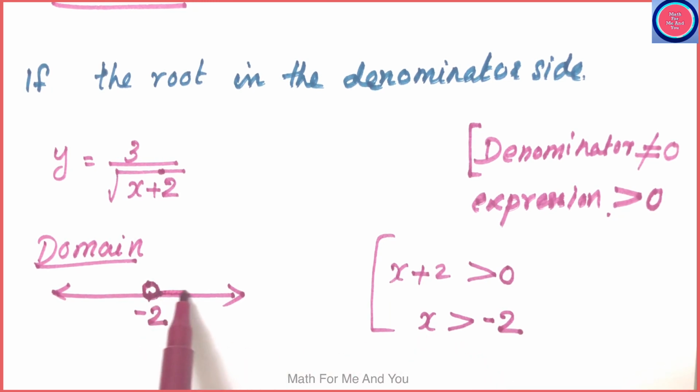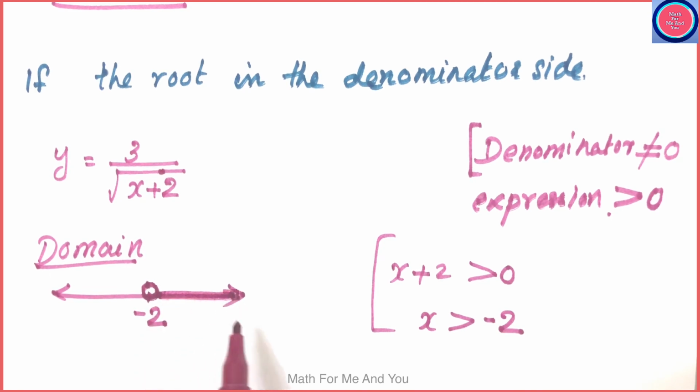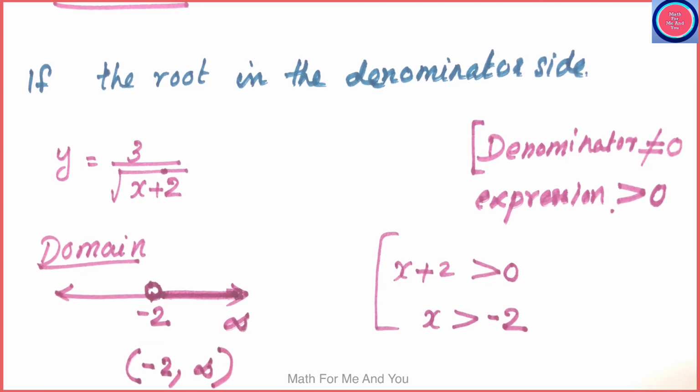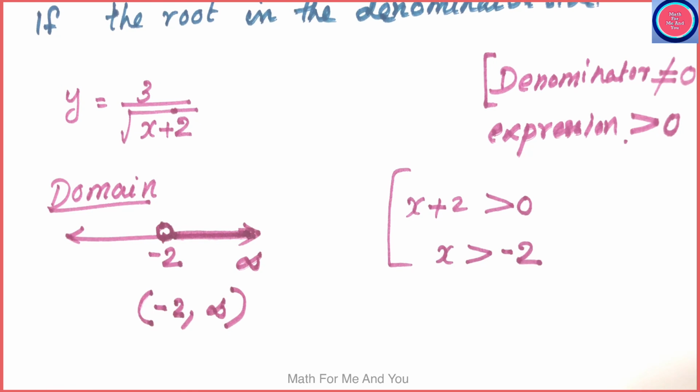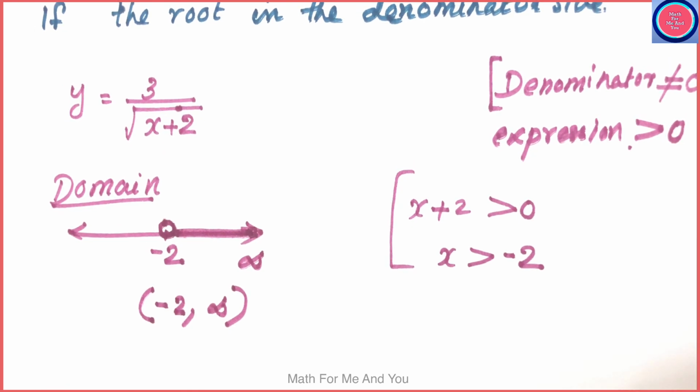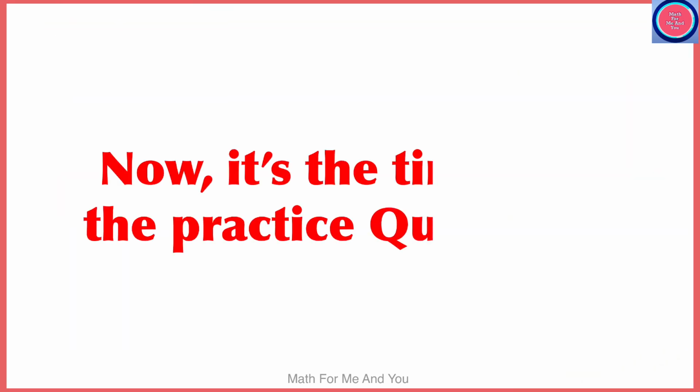X is greater, larger. It is on the open side. So x takes the larger values up to positive infinity. So the interval we write is the open interval from minus 2 up to positive infinity. See, this is a different type of function. Here we get a root in the denominator side, so we take that expression under the root and just write greater than 0.